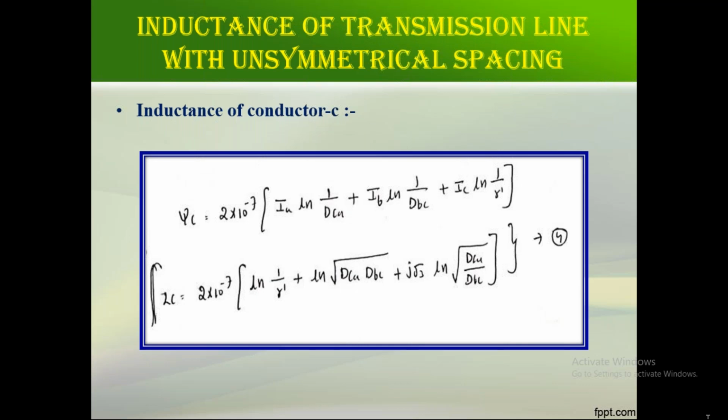Reliability means supply without any interruption. If we are using a three-phase double circuit, we can send the power continuously. Why? Because in a double circuit, one circuit is for the main purpose and the other circuit is the backup.